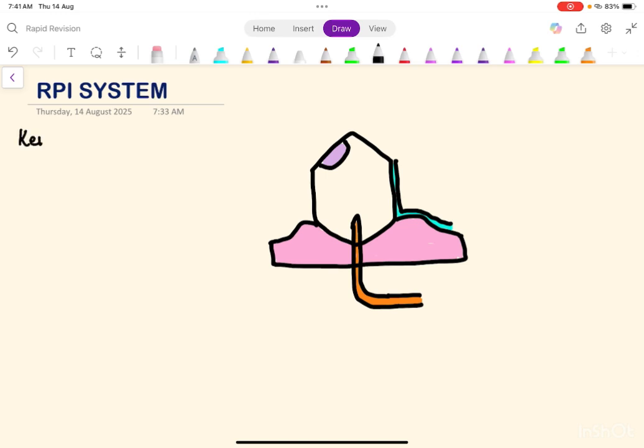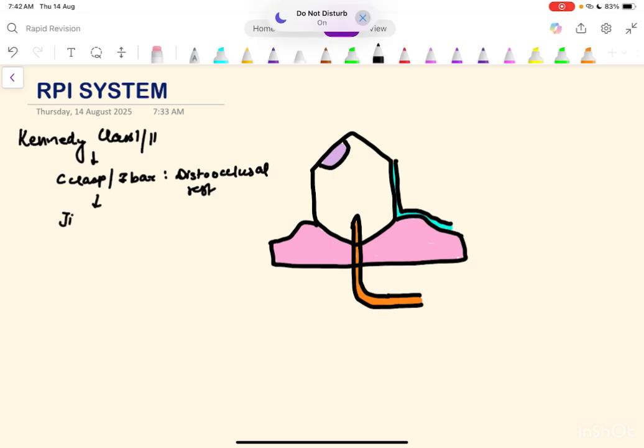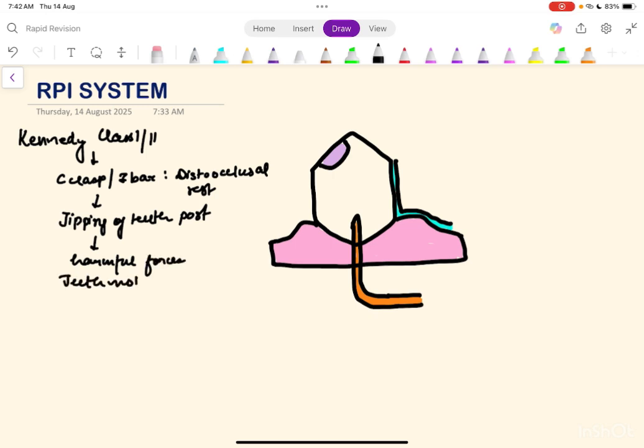Whenever we have a Kennedy class 1 or 2 situation, if we give a C clasp or I-bar at the distal occlusal rest, it leads to the tipping of teeth posteriorly. So basically this is harmful. This generates harmful forces and it leads to teeth mobility and bone loss.